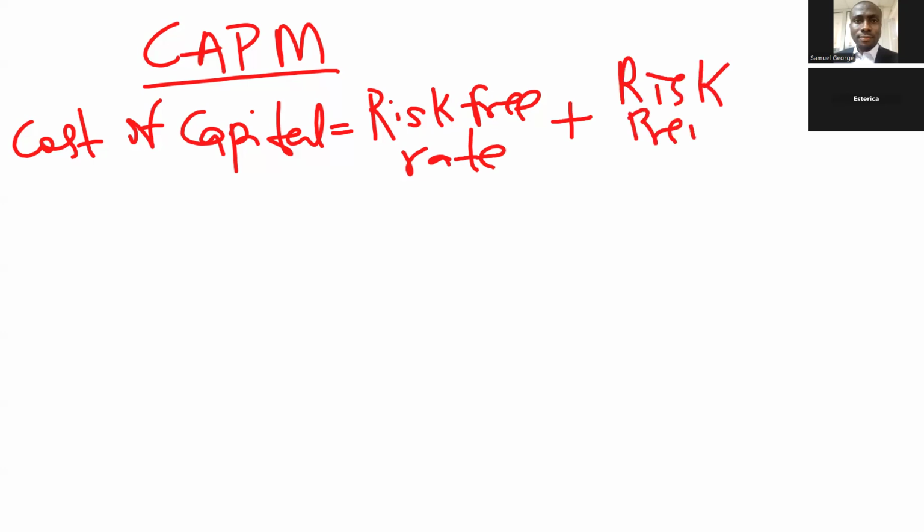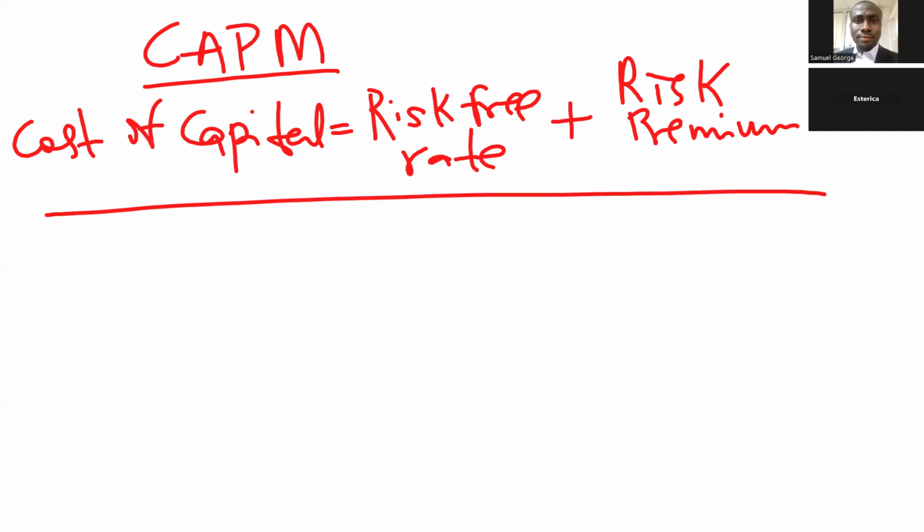That is how to calculate cost of capital. And now, let me demonstrate it in the formula. CAPM gave us two formulas. We're going to pay attention to two formulas.